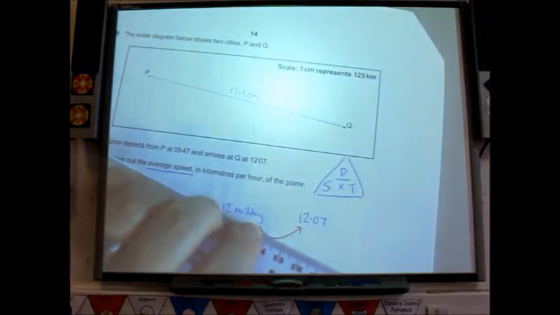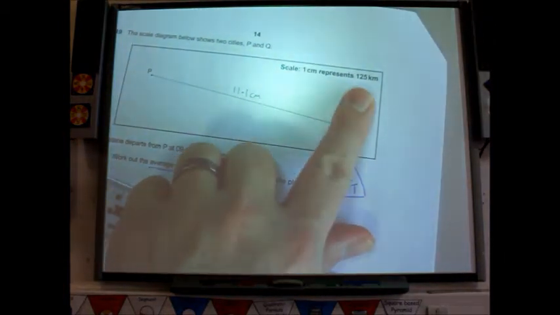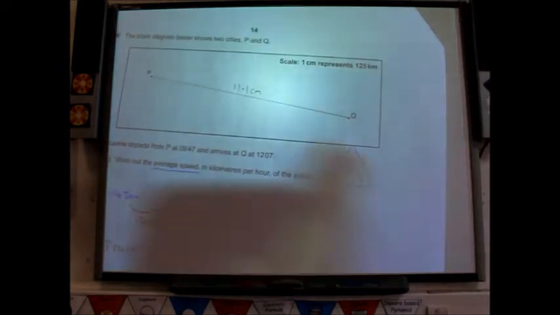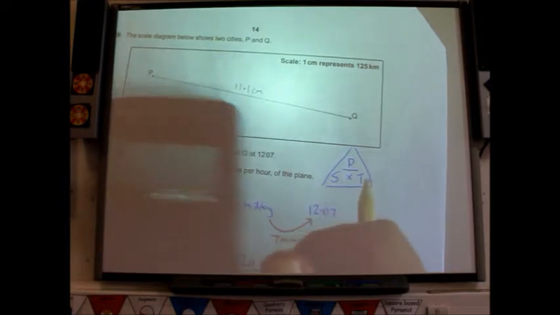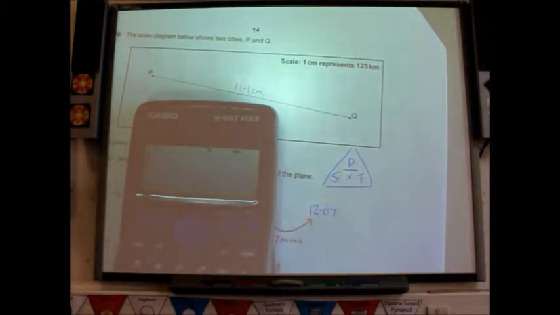Now, you've got a scale here. 1 centimetre is 125 kilometres. So what I'm going to do is use my calculator. Hello, not seen you for a while. So we're going to do 11.1 multiplied by 125, and this will give us the distance in kilometres.